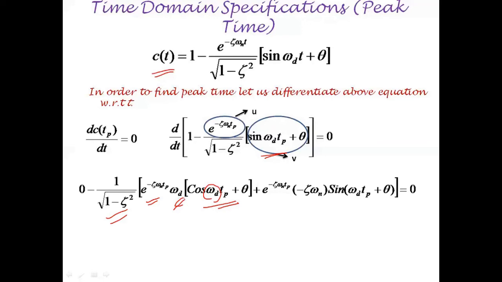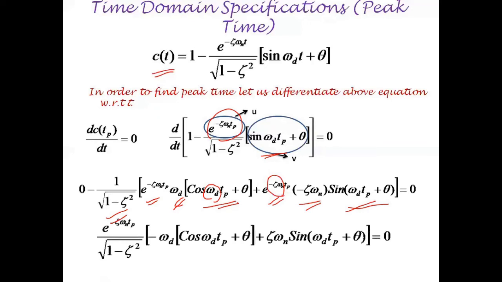Then plus v du: sine of omega d tp plus theta, and I am going to differentiate e to the power of minus zeta omega n tp, multiplied by minus zeta omega n. So we have differentiated making use of the product rule. After simplifying, we have obtained this expression.